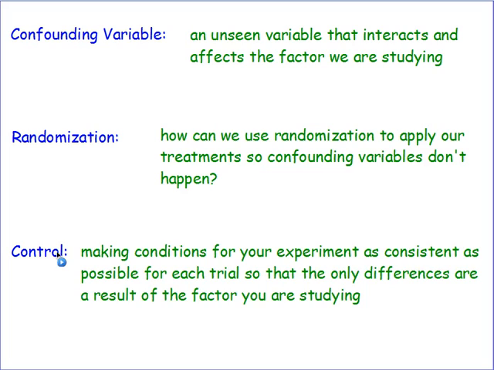Control. This was what we talked about when we discussed the experiment. We want to make all of the conditions for our experiment as consistent as possible for each and every trial, so that the only differences are simply the result of the thing that we are studying. So we talked about pushing down the popsicle sticks the same amount, using the same hand, placing them in the same way.